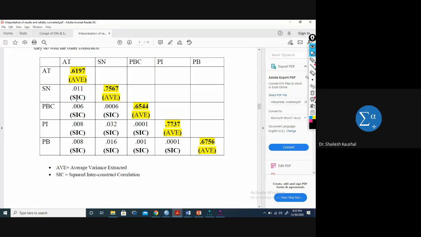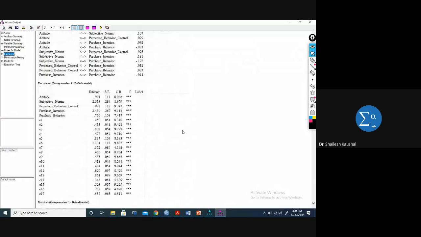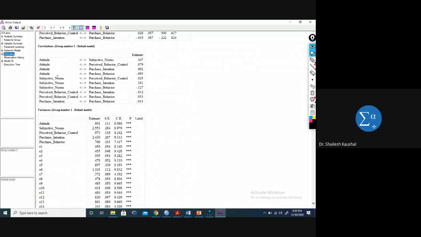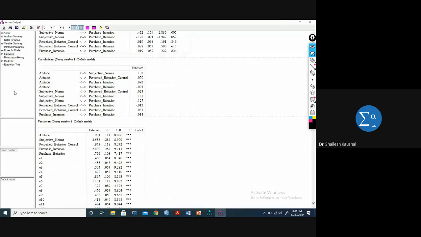SIC means squared interconstruct correlation. So how will I get these values? We will get these values from this table. This is the correlation. Yes, these are the 10 values.